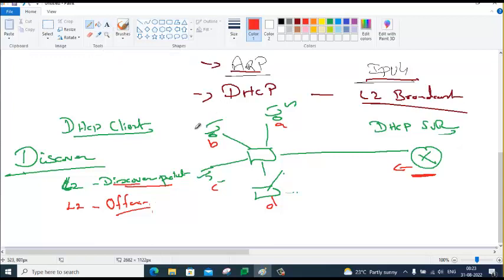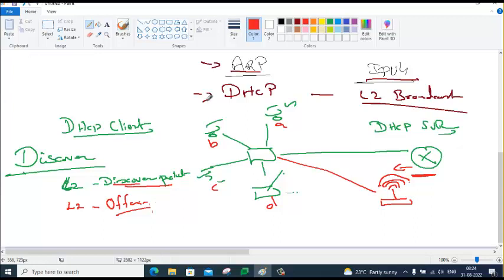All right, now the client has received an offer. It may not be from one DHCP server. It may be coming from multiple DHCP servers. There are various devices that provide an offer because you have more than one DHCP server in the location.